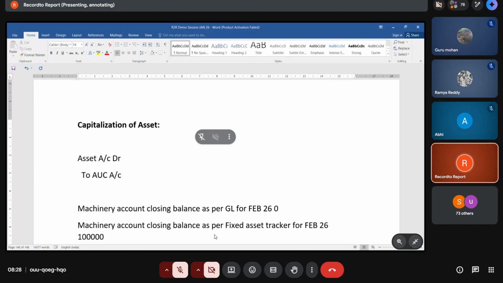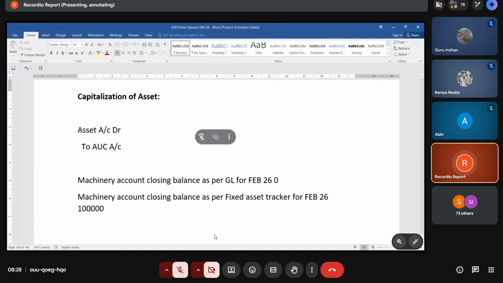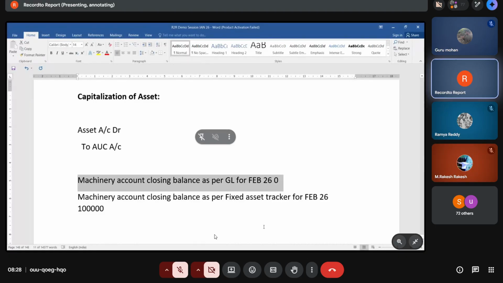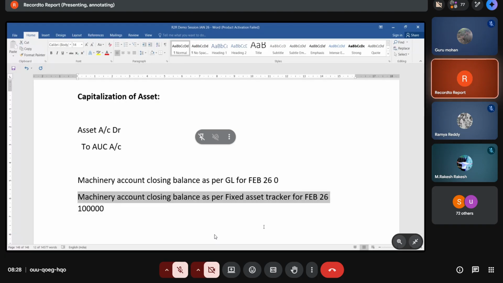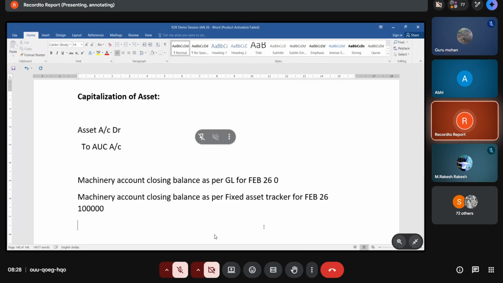So here we are comparing two parameters: GL and tracker. In the tracker the machinery account shows 1 lakh, in GL it shows 0. Is it matching? No. In the tracker, maintained by the other team, it has been updated that the asset is ready to use, and the total value of the asset is 1 lakh.